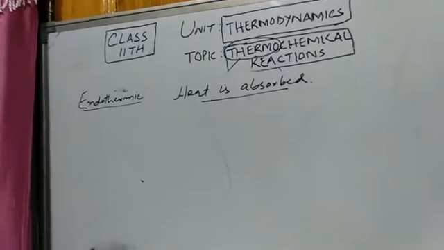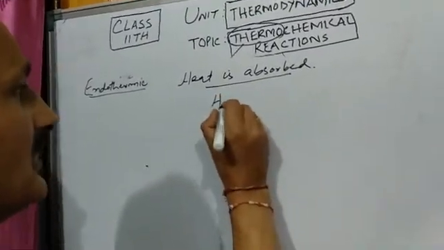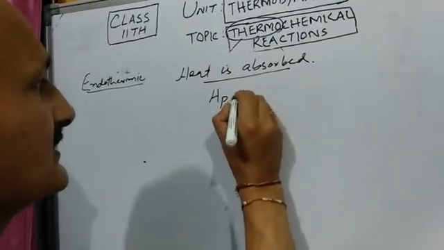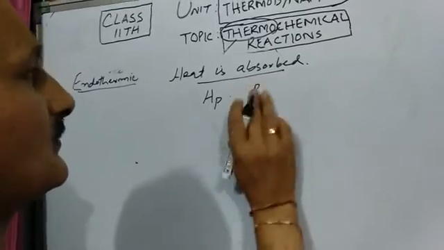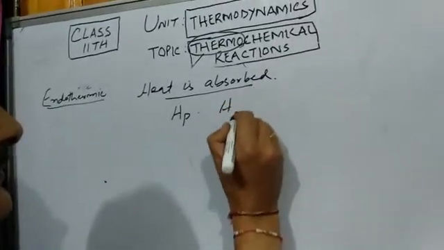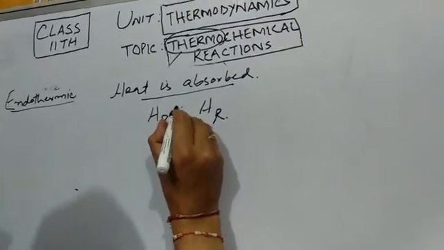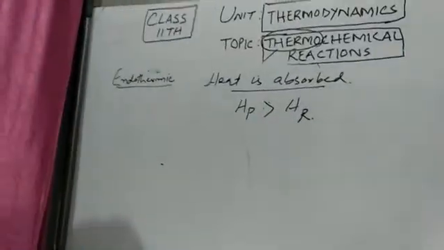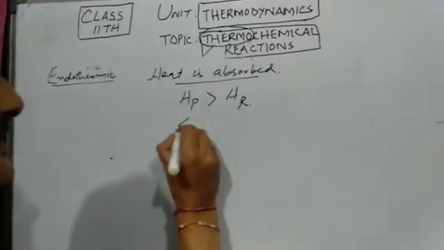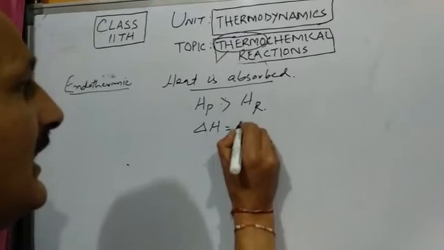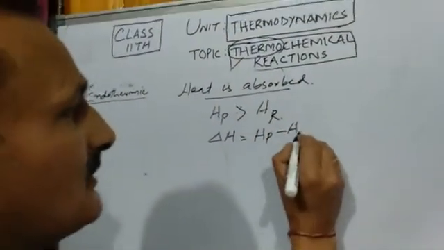Now in endothermic reactions, what about the heat of products and heat of reactants? That is like this. Heat of products will be this time greater than the heat of reactants. That is, delta H will be HP, that is heat of products minus heat of reactants.